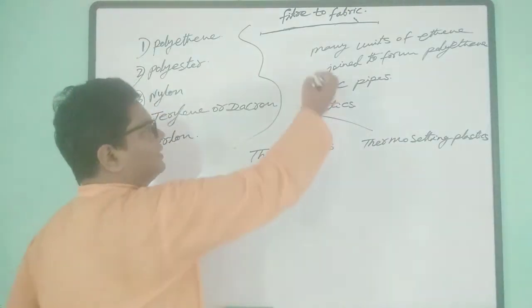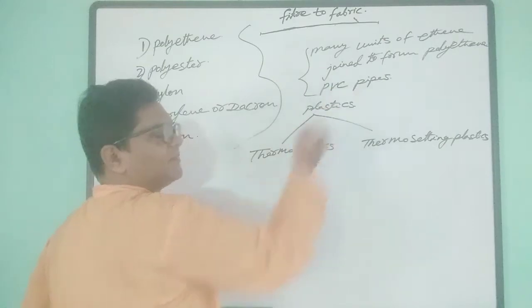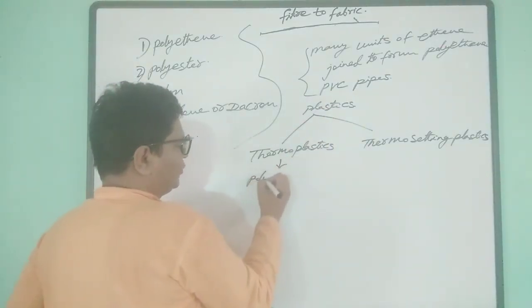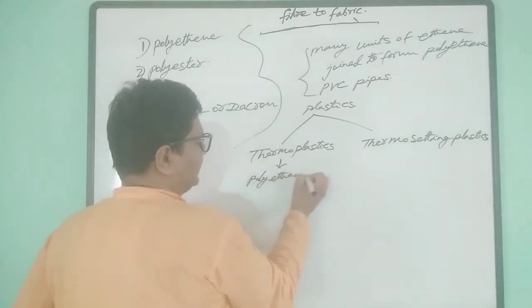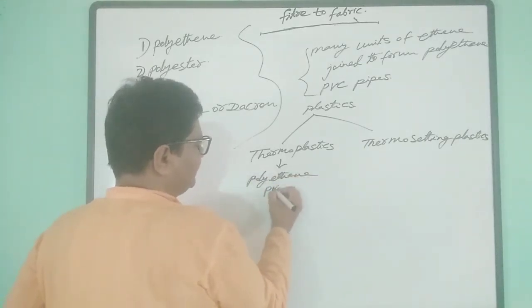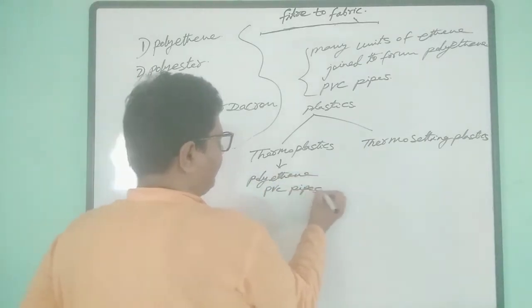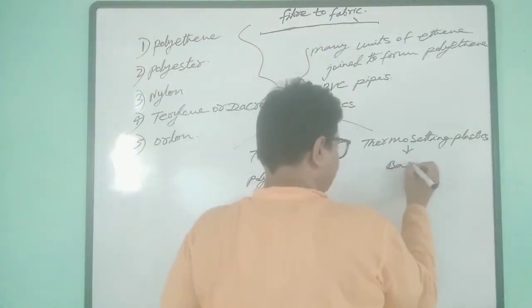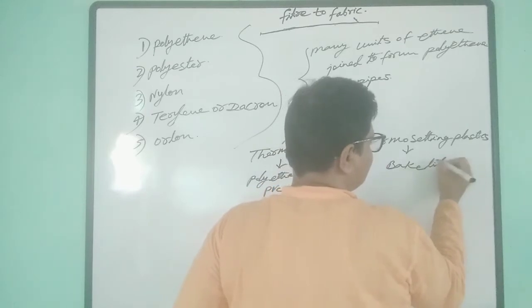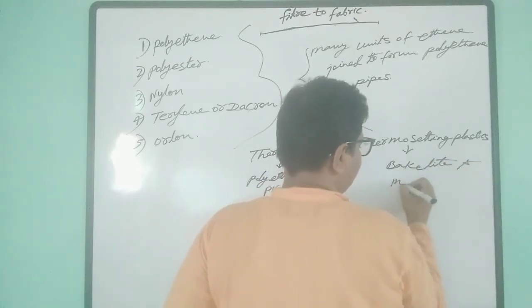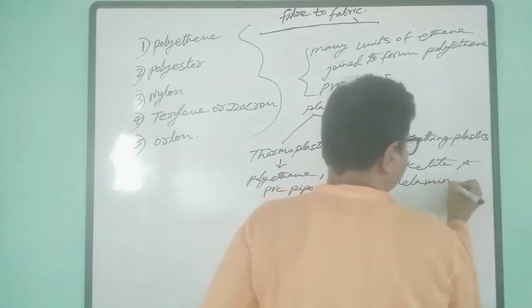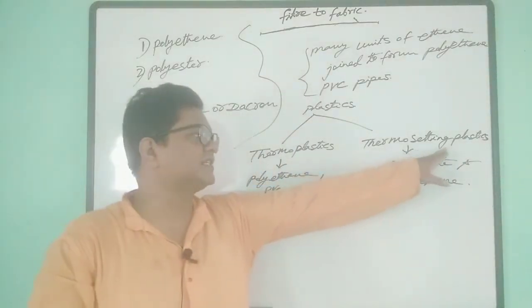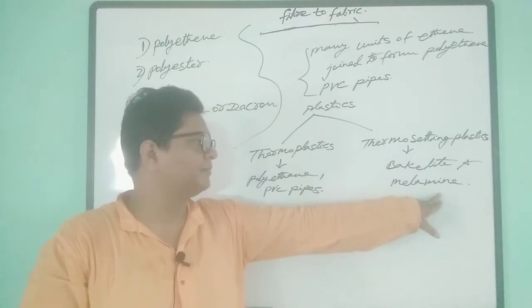So see, the examples of thermoplastics are polythene and PVC pipes. Example of thermosetting plastic is bakelite and melamine.